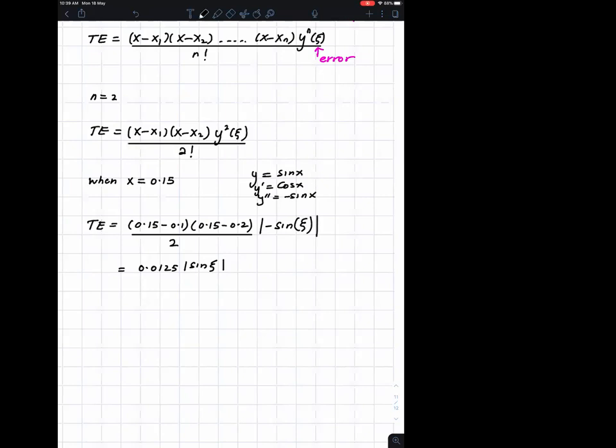The error must be less than 0.0125 multiplied by the maximum value of sine x.